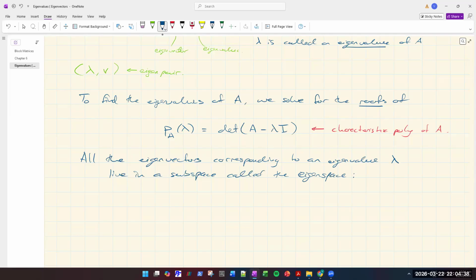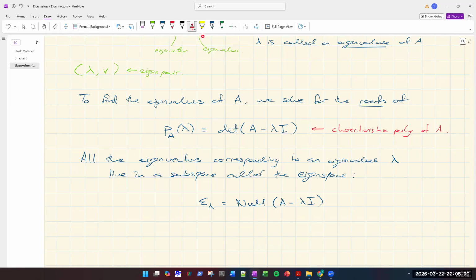Sometimes they use E, sometimes a fancy E, of lambda. This vector space, this subspace, is just the null space of the matrix A minus lambda I.